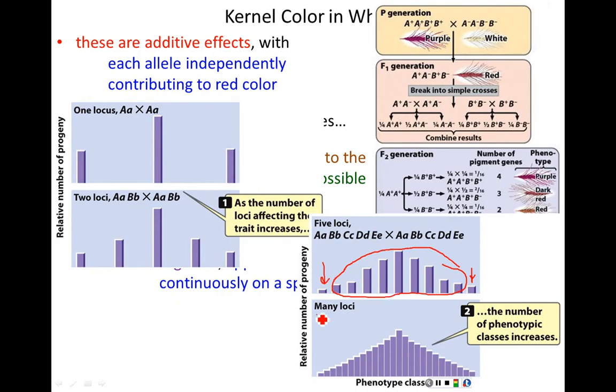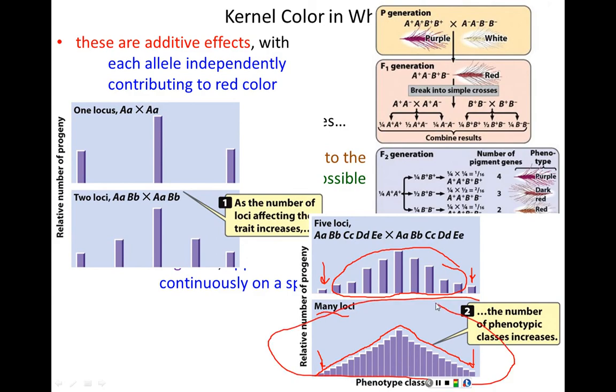Many, many loci. Well, the more loci, the more phenotypic classes. The more phenotypic classes, the more you can bin those classes from one end of the spectrum to the other, with many, many, many different, barely varying from one another phenotypes in between.